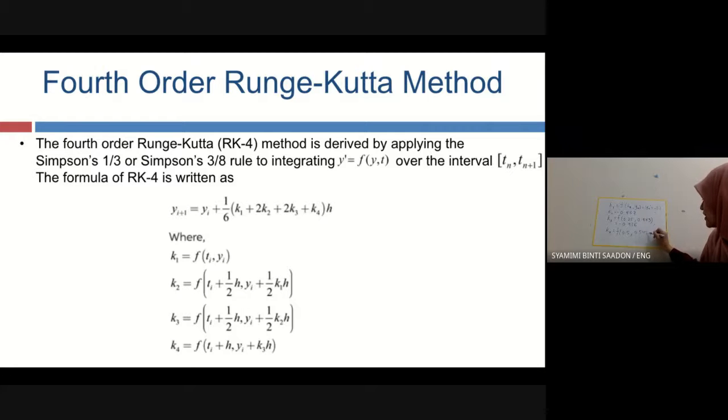This is y0 plus k3 h. So we get k4 as negative 0.461.